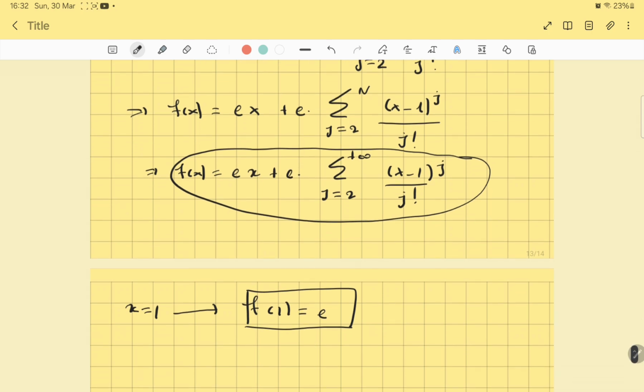And I can include more terms, so I can write the first term and the remaining terms, which gives me a good approximation of the exponential.